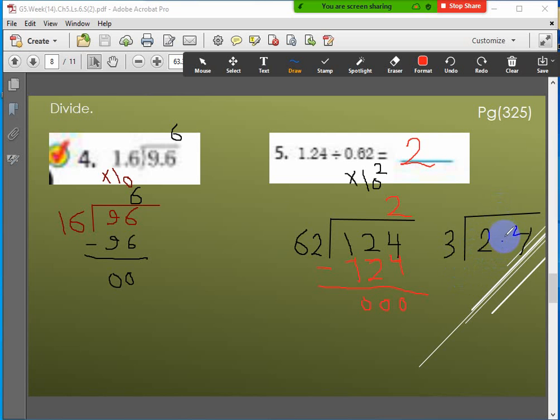No, I have to take the decimal point up in the quotient and put it in the same place, right? As I said. So it will be here, and before it, I have to put 0. This means the first digit in the quotient will be a tenth. Now, 24 divided 3.